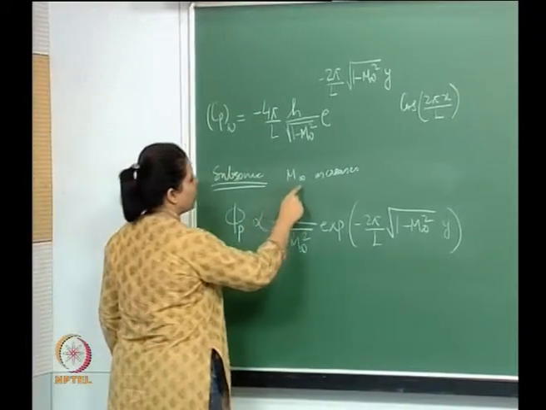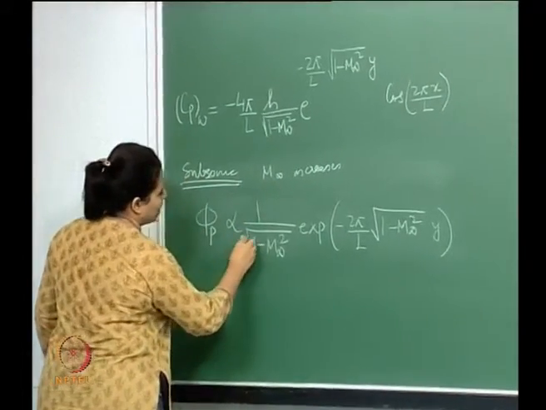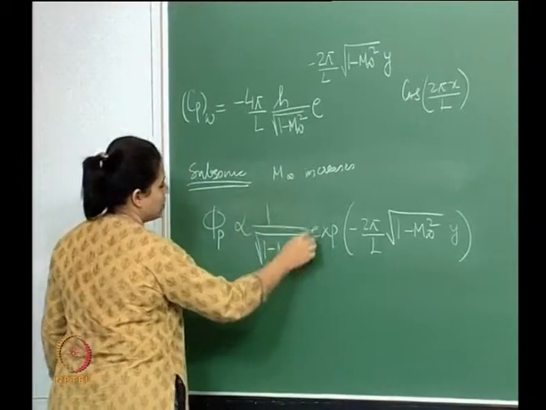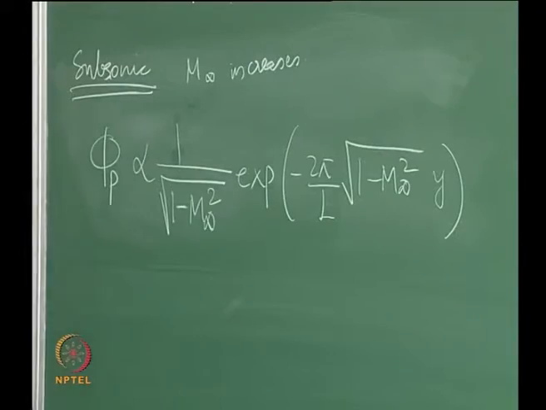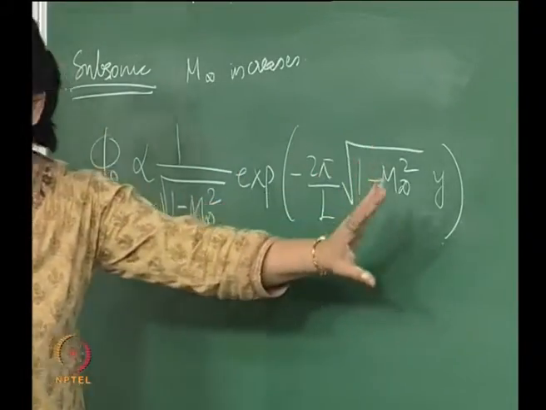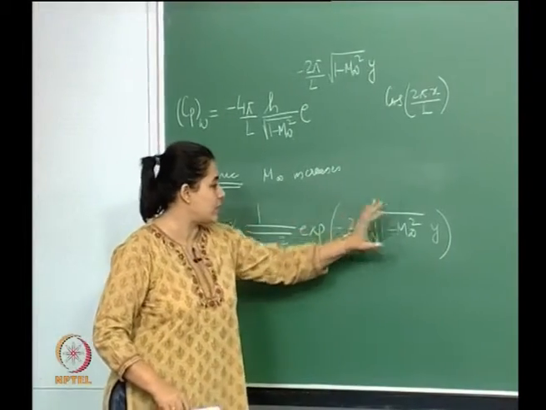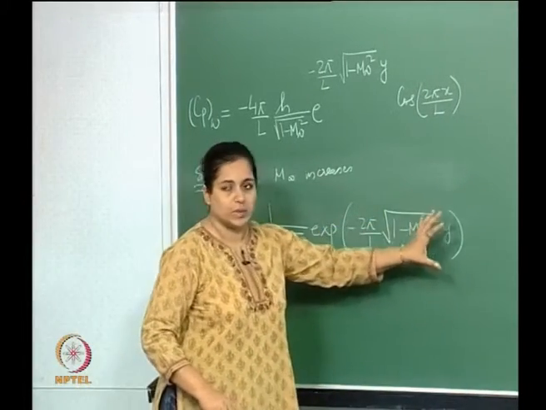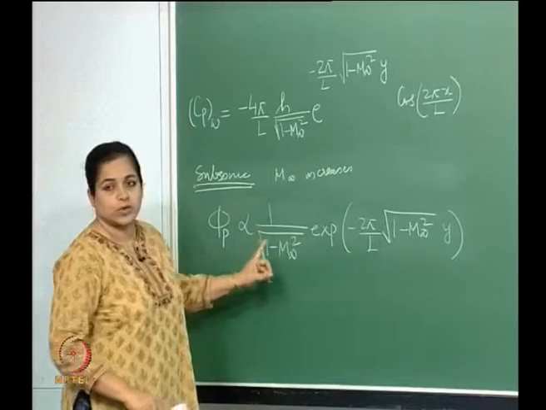Now see, if Mach number increases, this term decreases, so this term increases. Now this has to correspondingly decrease to keep the proportionality correct.